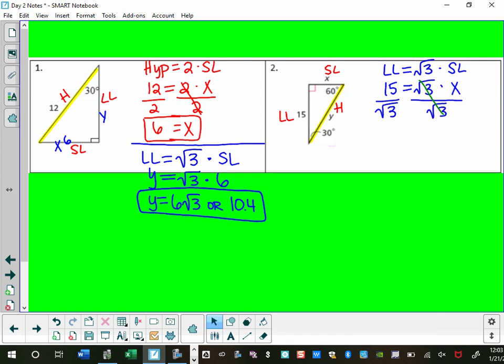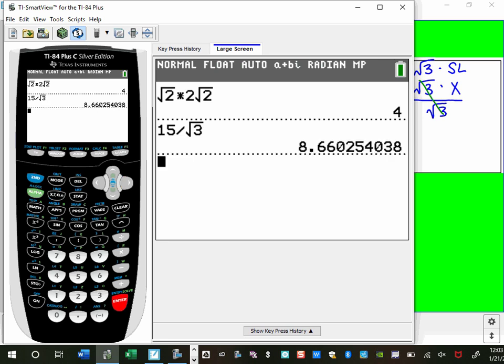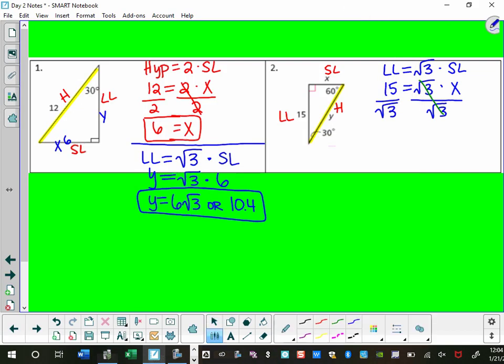Go to your calculator: 15 divided by root 3. You should get 8.7. Round that up because the next digit tells me to. So x equals 8.7.